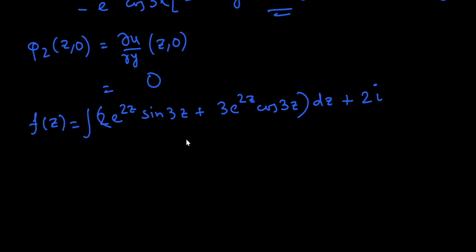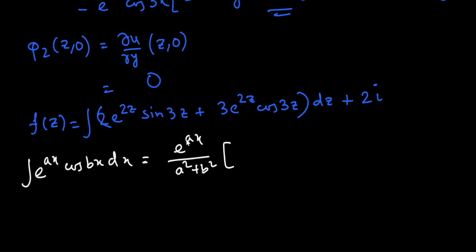Now we apply the formula of class 12, which is integration. Let us write this formula. Integration of e to the power ax cos bx dx is equal to e to the power ax by a square plus b square, times a cos bx plus b sin bx.